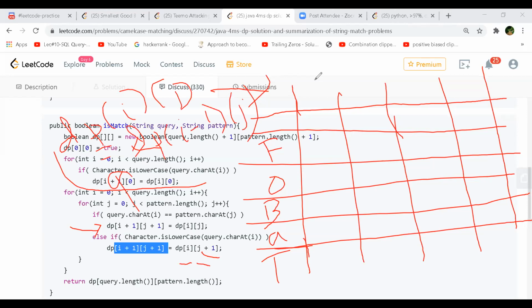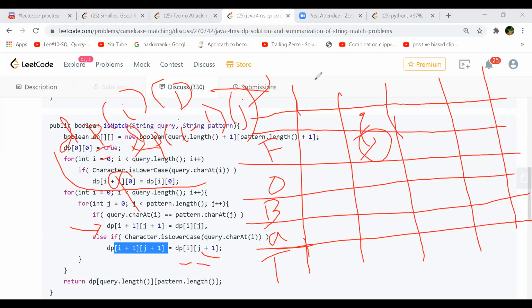That means one row above we are going and this value we are copying at this point. Yeah, because our query will be our rows, right? Okay. Yeah, so whatever is the value from the previous row, because we are ignoring the current row, correct? Yeah. Because it's a lower case and we can happily ignore it. In that case, yeah.